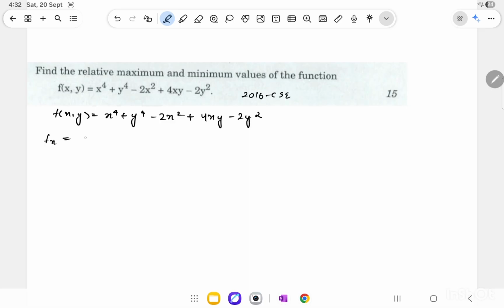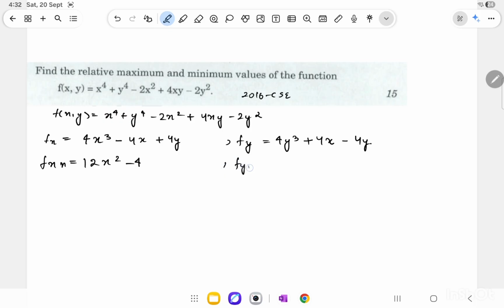With respect to x, it will be 4x^3 - 4x + 4y, and with respect to y, it will be 4y^3 + 4x - 4y. Likewise, fxx will be 12x^2 - 4, and fyy will be 12y^2 - 4. Likewise, fxy will be basically 4.